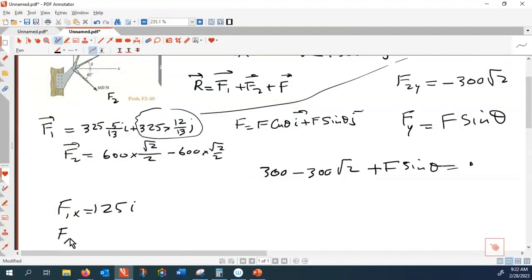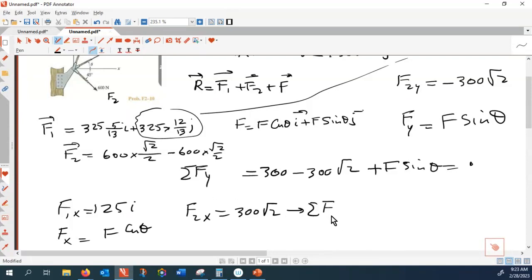And fx, that is f cos theta. And what about f2x? f2x is equal to 300 root 2. So if I add all these x components together, that is sigma fx.